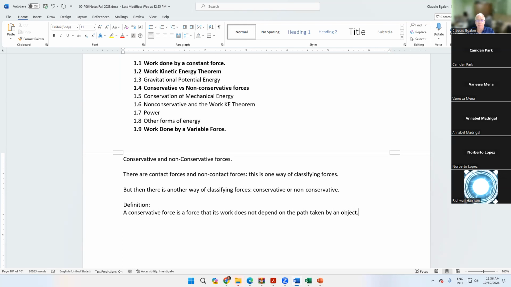That's the definition of conservative forces. Contact forces and non-contact forces is rather obvious; the name tells you right away what it means. But a conservative force is a concept that's a little bit more difficult to visualize.